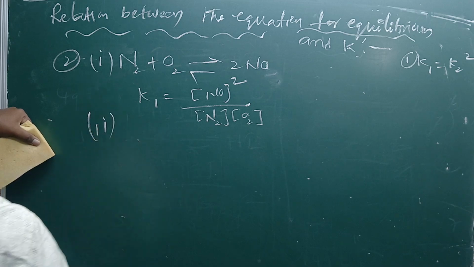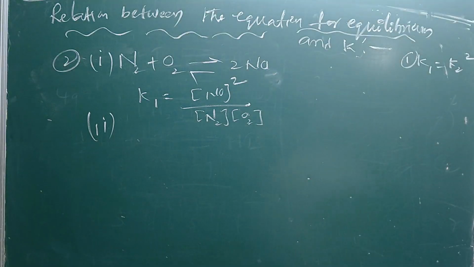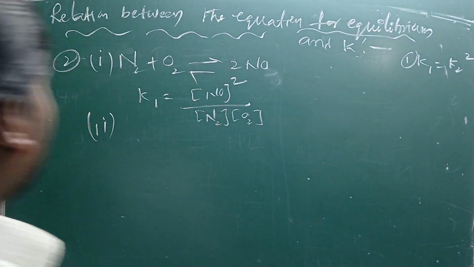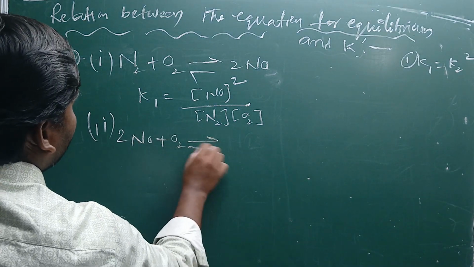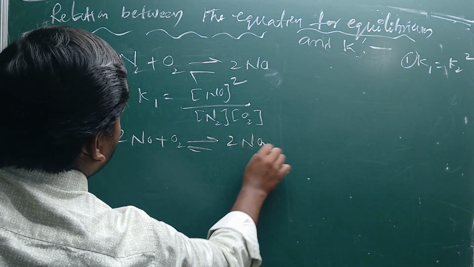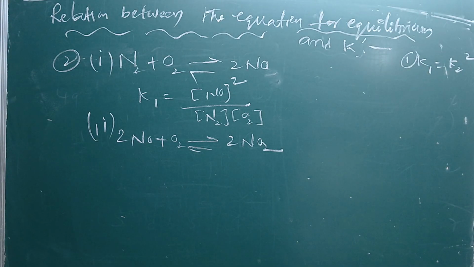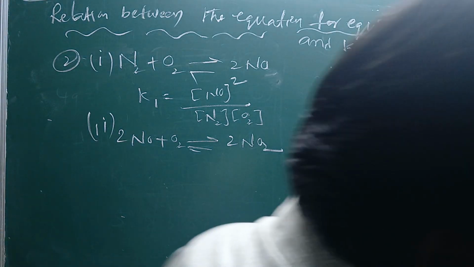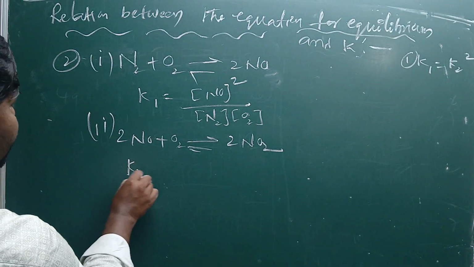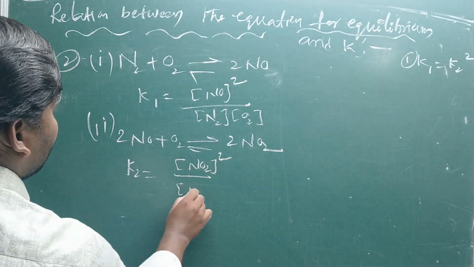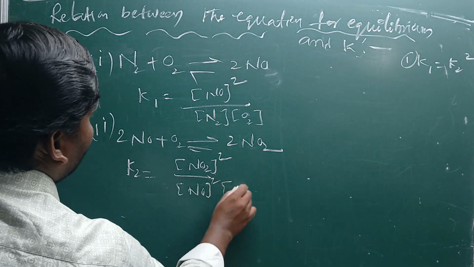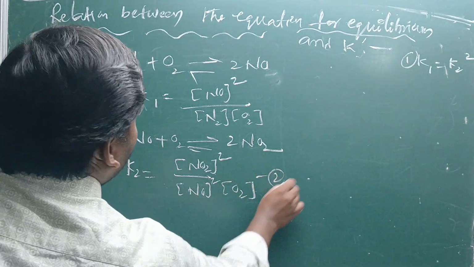If you take the second equation, that is 2NO combines with oxygen to form 2NO2. In this reaction, the equilibrium constant K2 is concentration of NO2 whole square by concentration of NO whole square into concentration of O2.